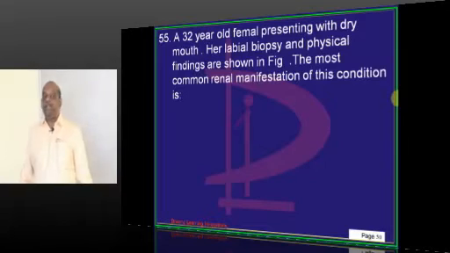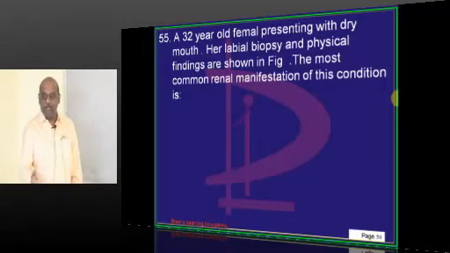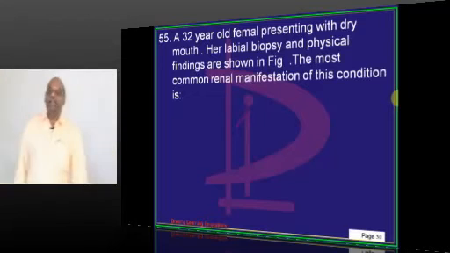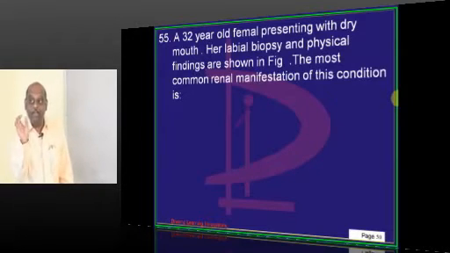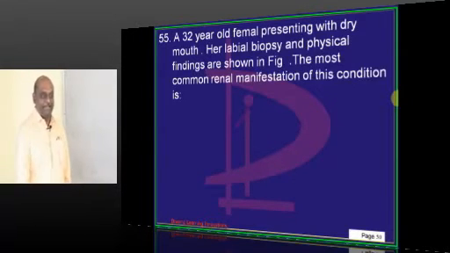A female patient comes from the village, Lachakka Buchava. She told you that, doctor, my mouth is very dry, and you opened her mouth and you found that there is dental caries.